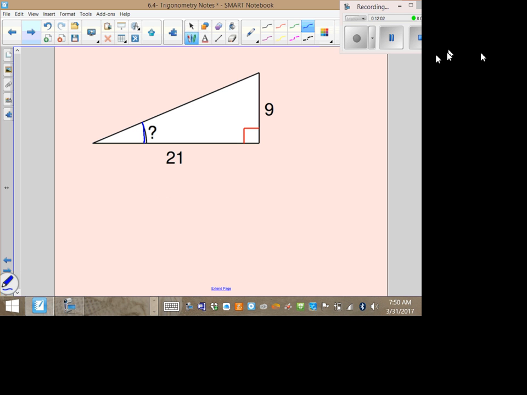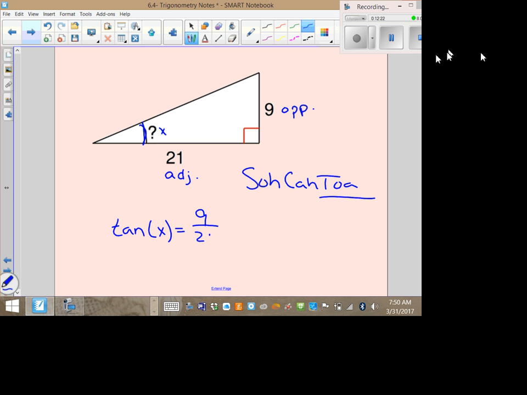Alright, I'm looking for my angle. So I have my adjacent and I have my opposite. Write out my SOHCAHTOA. My opposite and adjacent, I have the tangent of my x is going to equal my 9 over my 21.